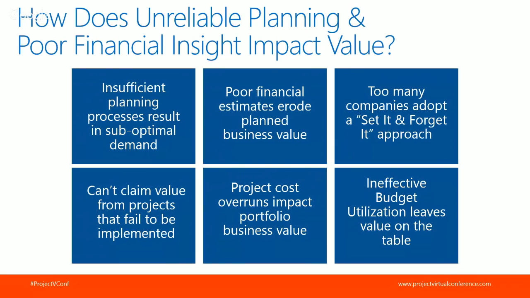Budget doesn't get consumed within that original fiscal year, worse still gets taken away from the next fiscal period, and value is deferred. And last but by no means least was poor forecasting capabilities from project managers. We're going to talk more about that, so I'm going to save that for a later discussion.